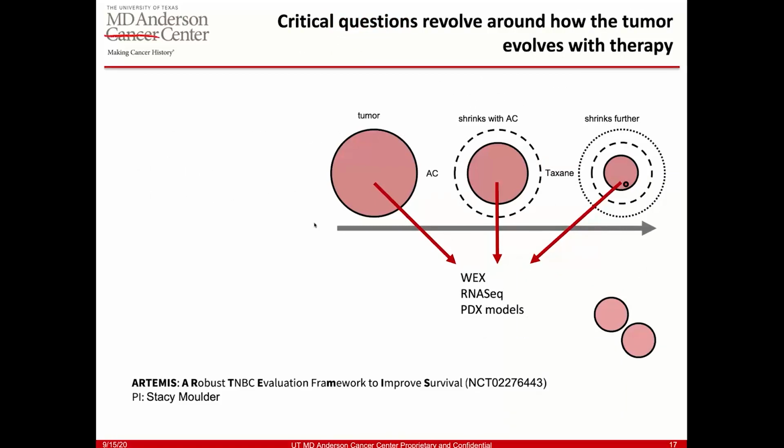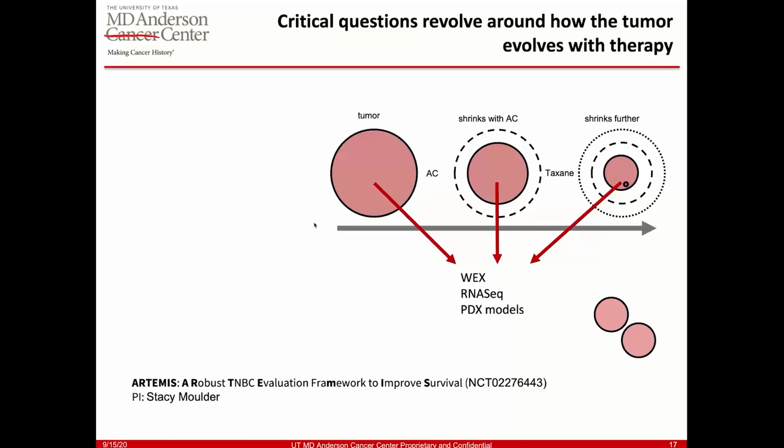This clinical trial at MD Anderson involves longitudinal biopsies, and it assesses the response of the tumors to AC, to adriamycin and cyclophosphamide. And if the patient responds well, then it goes on to use taxane.